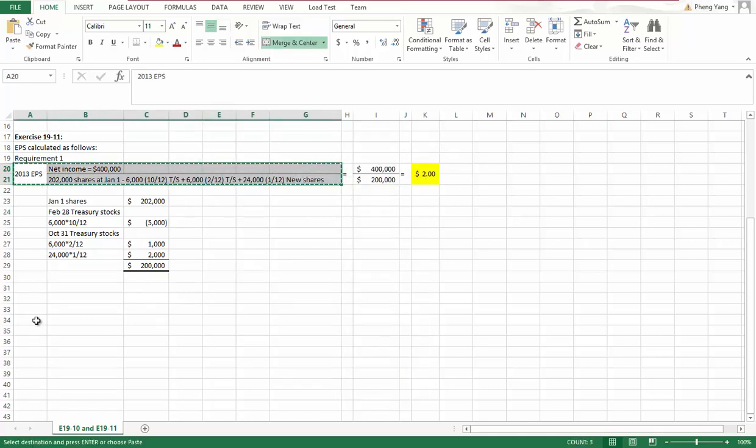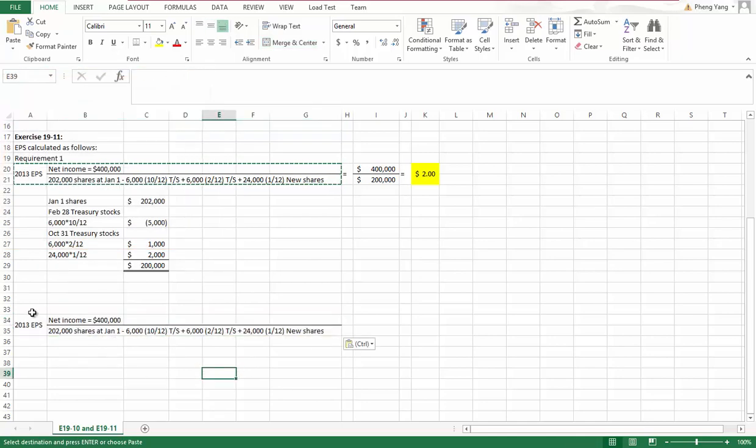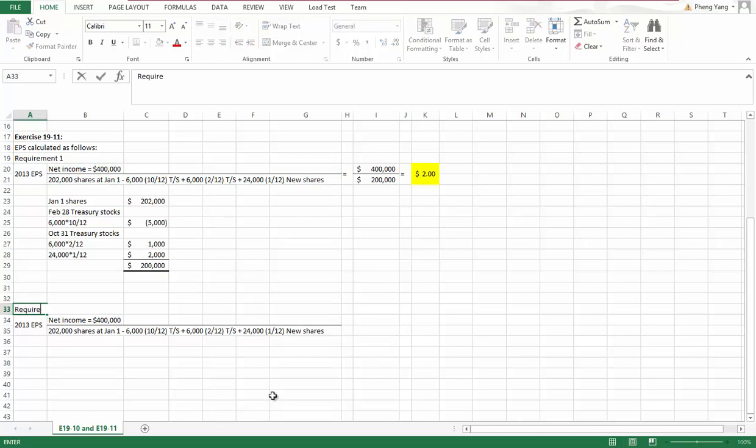Copy and paste special. Okay. So this is then requirement 2. Okay, instead of 2014. Okay, and net income for 2014 is the same.